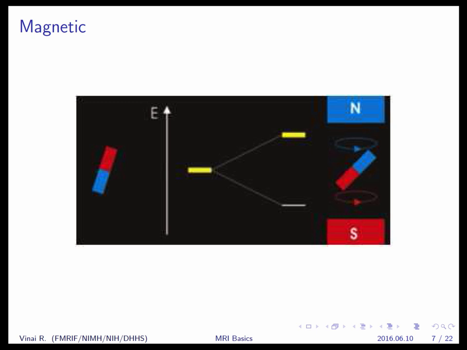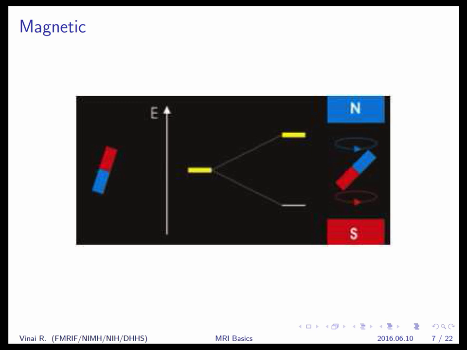And there's a slight difference in these two populations. This little bit of difference is actually where the MR signal comes from. This little difference between here and here is actually what we depend on for the signal that we acquire an image with.